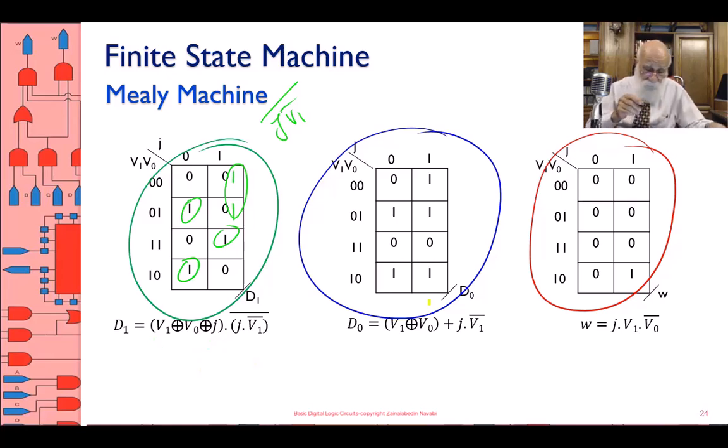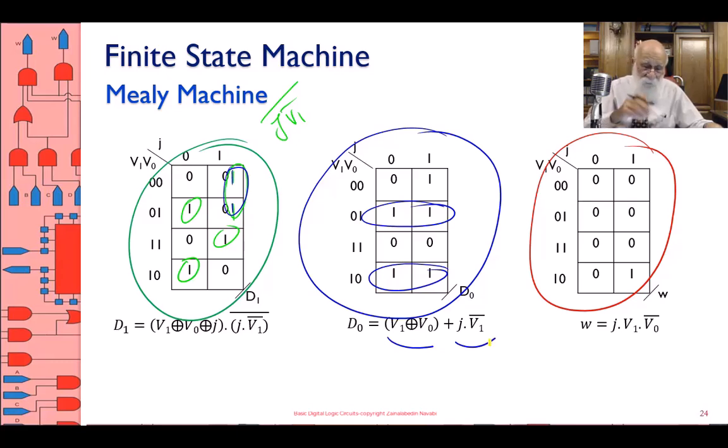Let's look at this one here. This one, the D0, I have this, and I have this, which is XOR of V1, V0. Okay? So that satisfies that, except that now I have an extra 1 over here. So what I do is, remember I took the 1, 1, complemented it. Now I'm going to take that one, don't complement it, and OR that with the XOR of V1, V0. Okay?